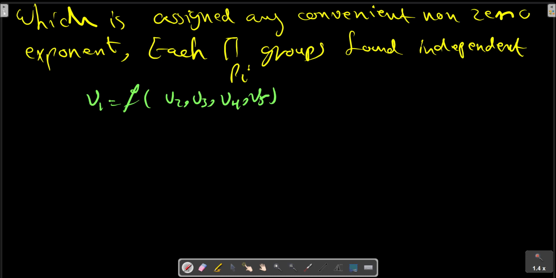Suppose there are three dimensions M, L, T, and we search around and find that indeed j equals 3.